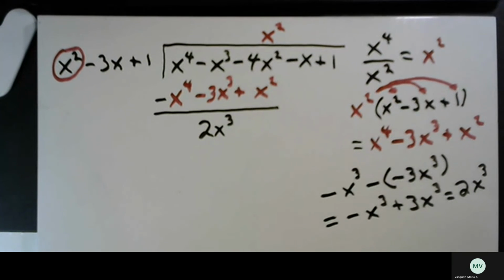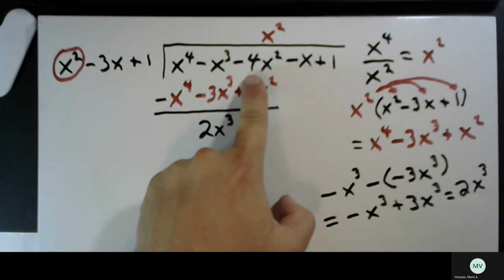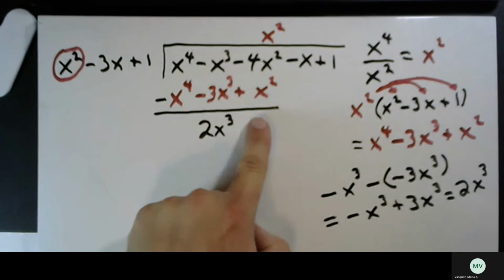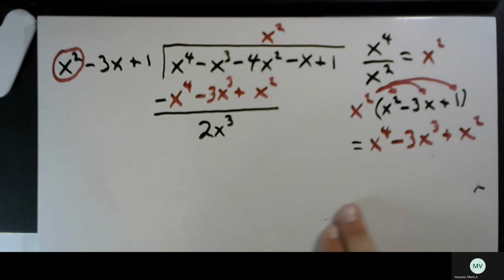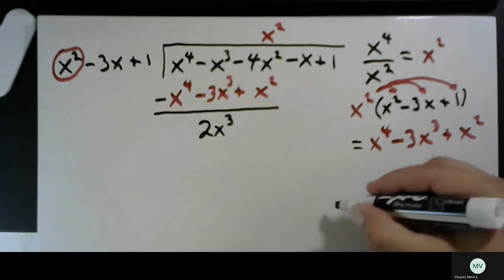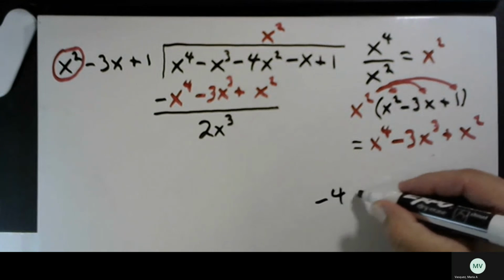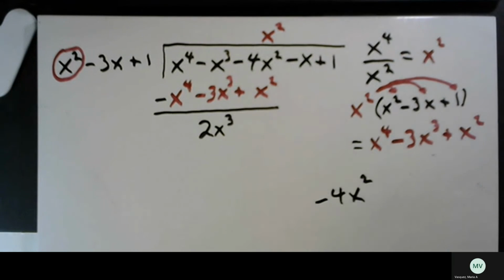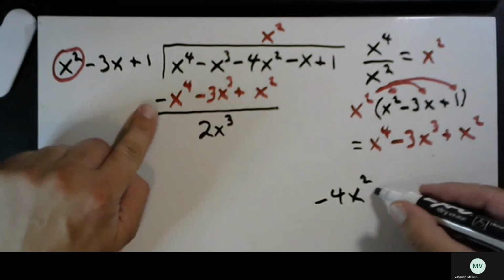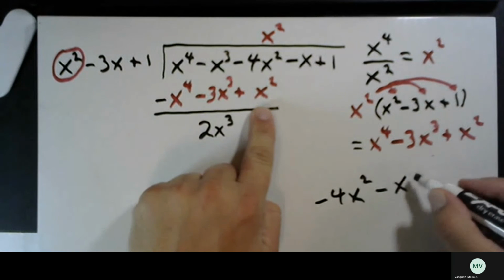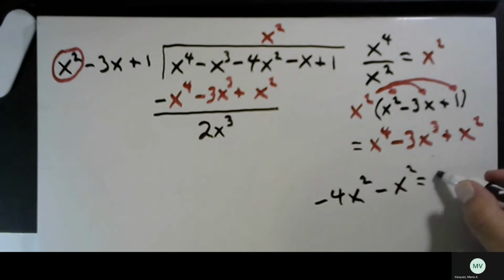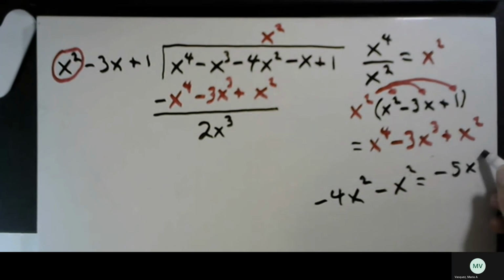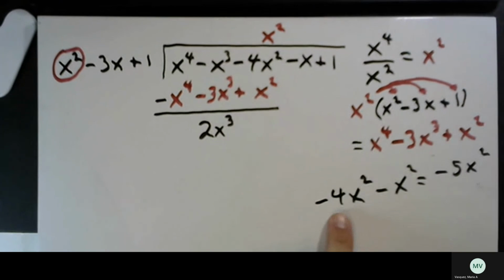And then we've got one more subtraction. Negative 4x squared minus x squared. So if you're not sure, you can always do this off to the side. Minus 4x squared minus x squared. Well, negative 4 subtract 1. And so that gives you negative 5x squared. It's like it's negative 4 degrees.